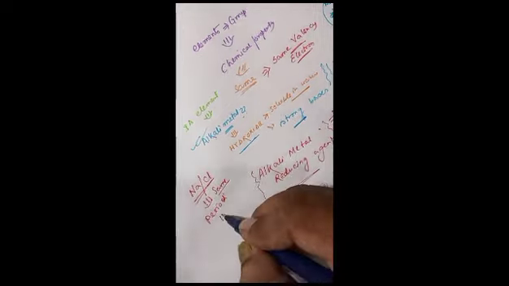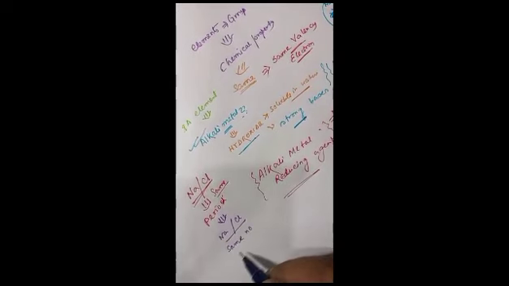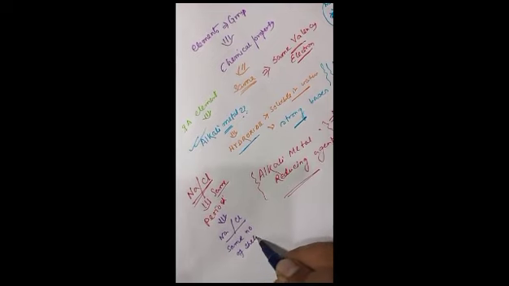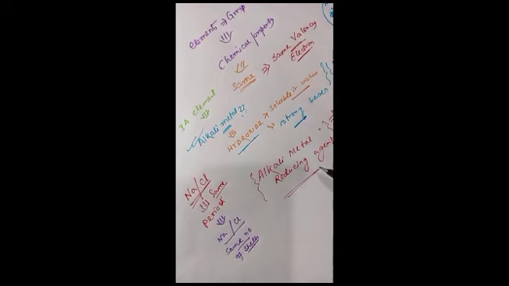Because sodium and chlorine have the same number of shells. That's why they are in the same period of the periodic table.